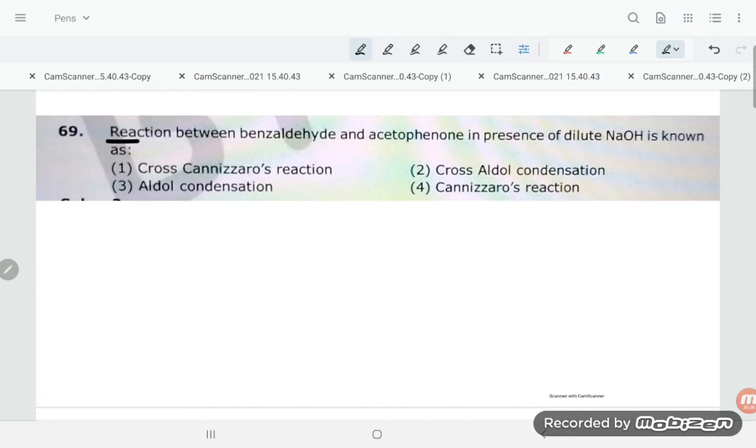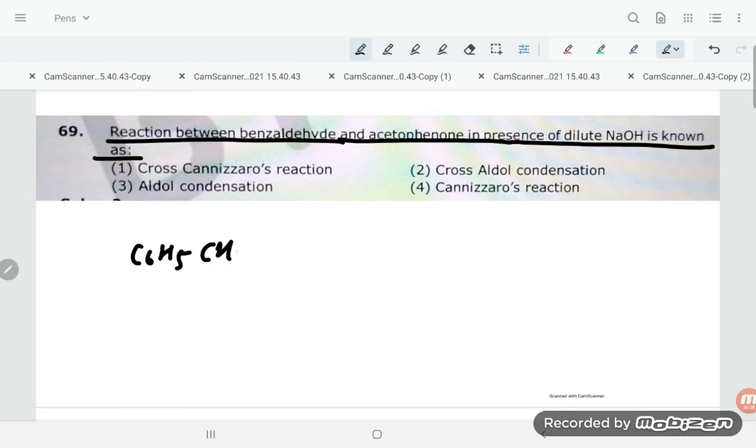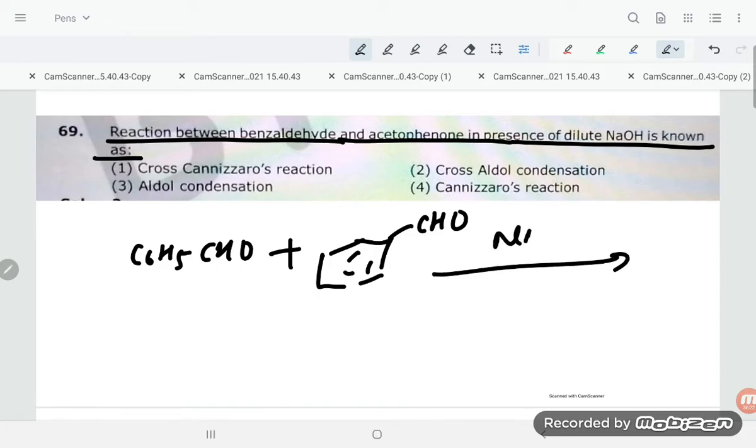Next: the reaction between benzaldehyde and acetophenone in the presence of dilute NaOH is known as what? So benzaldehyde, C6H5CHO, and acetophenone in the presence of NaOH.